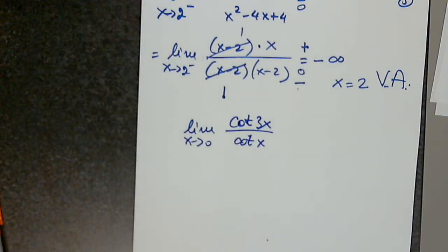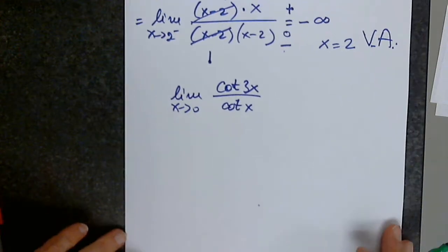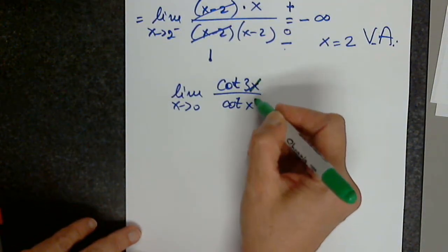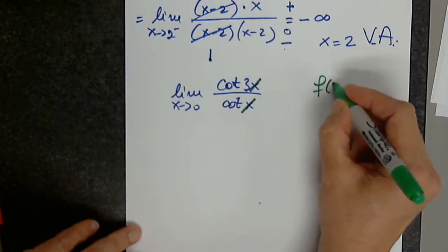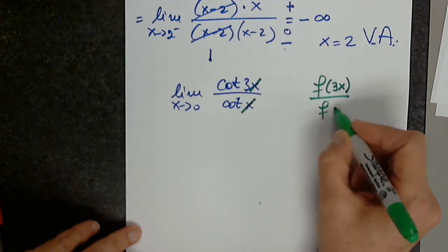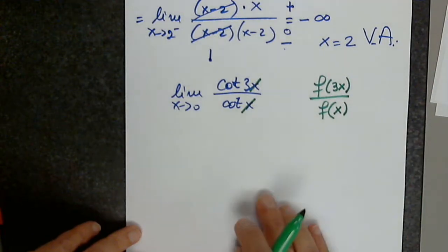Even if you are tempted, I will erase this because this is horrible. What I'm going to do is absolutely unacceptable and horrible. You can never simplify it like this, because the function at the top is a function of 3 times an angle, and the bottom function happens to be the same function, but it's a function of an angle.